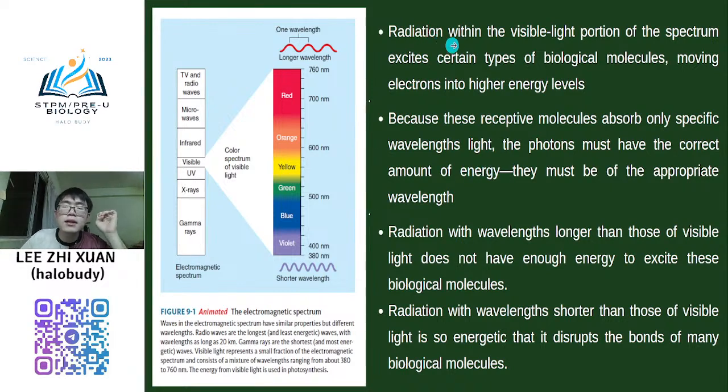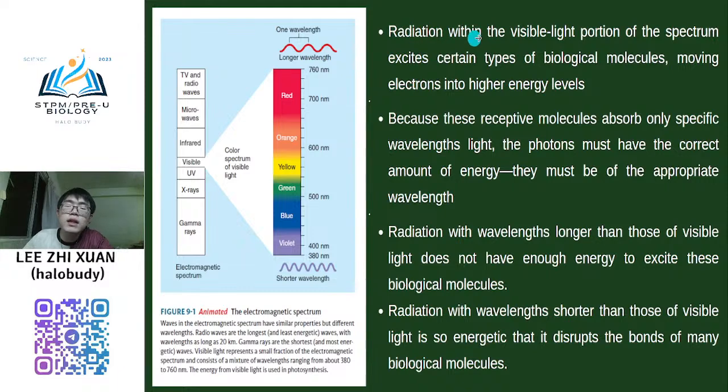Normally, why do we use UV visible radiation rather than others? There are many reasons. The first reason is that biological molecules will undergo an excited state in this region only, visible light only.